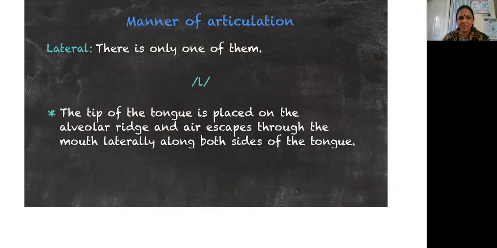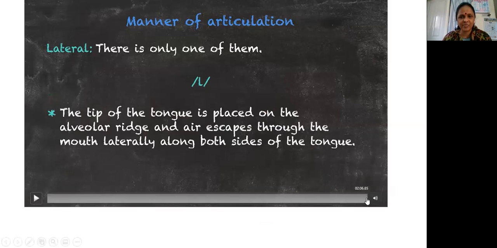Again, that's lateral sounds. If you try that at home, you can get, again, an appreciation of where the air is going. It's moving laterally along the vocal tract. That's about the lateral sounds.